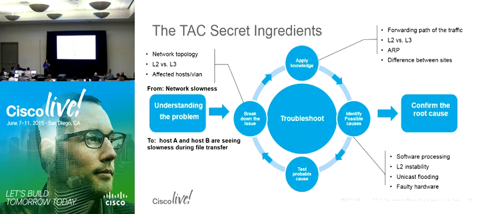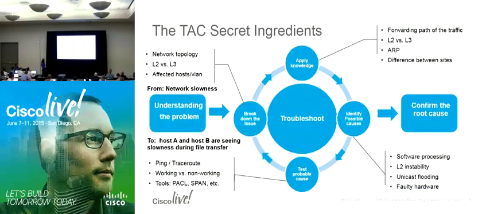That's the first packet a host is sending when they need to talk to anybody. Confirming the root cause. So let's say you have a scenario where only 2 hosts are having issues, or only hosts on specific switches are having issues, you know what to look for. Test probable causes. Right.